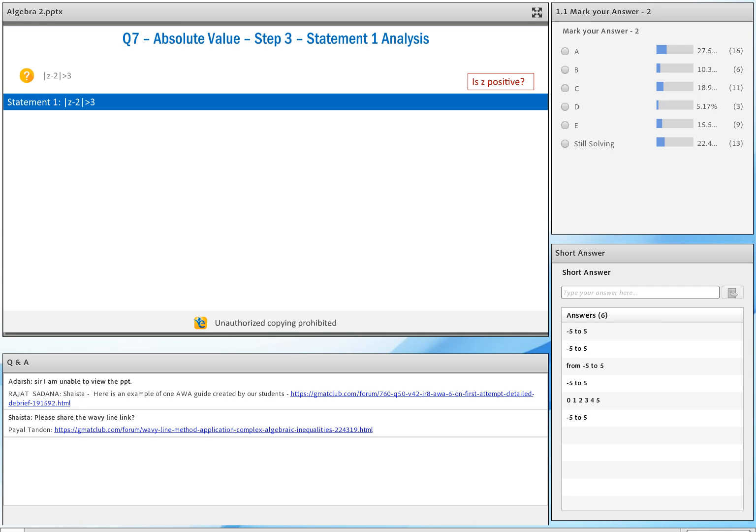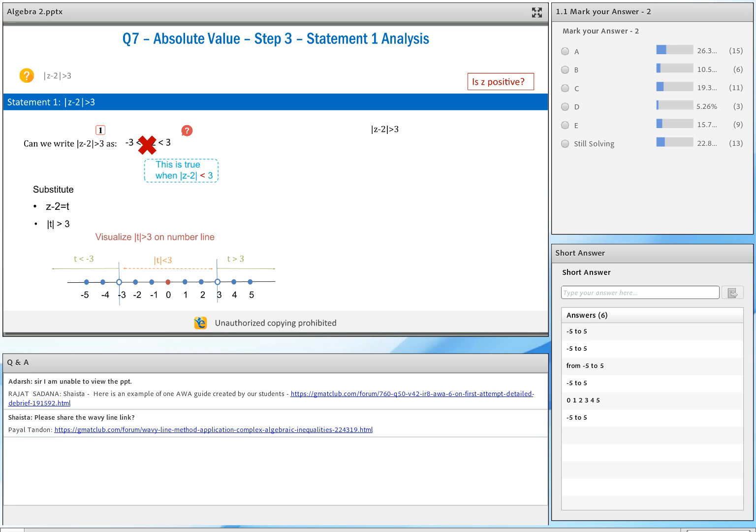If mod of z minus 2 is greater than 3, I can either say that z minus 2 is greater than 3, or I can say that z minus 2 is less than minus 3, because this is the mod of a number being greater than 3, so that can be split into these two different cases.